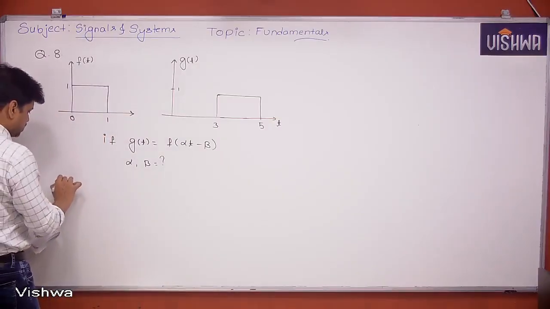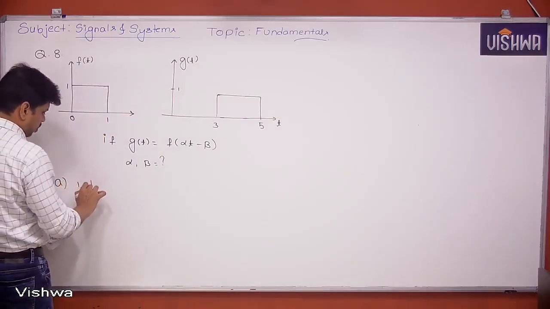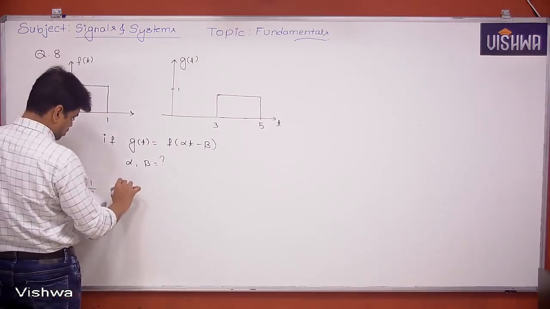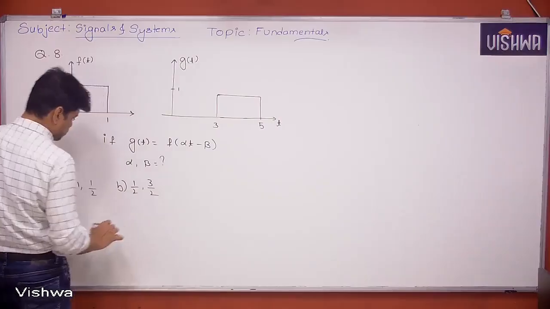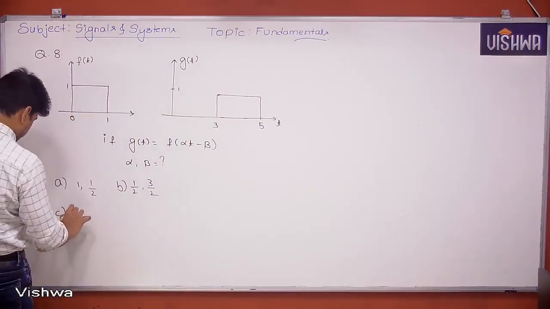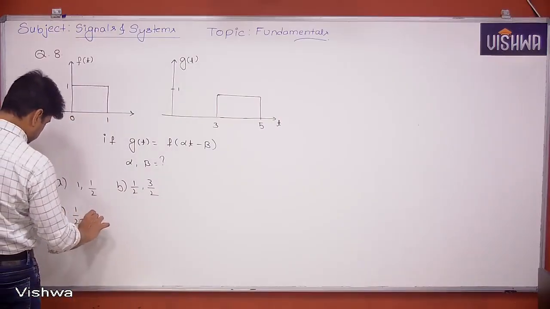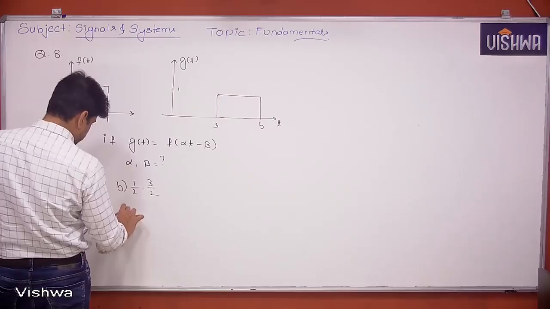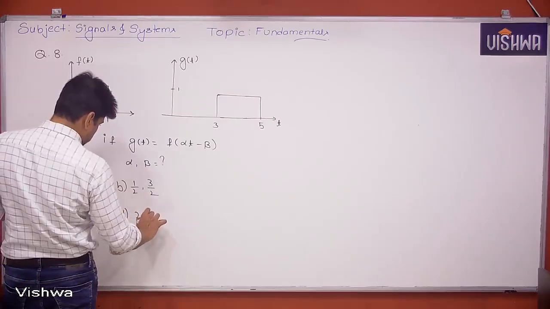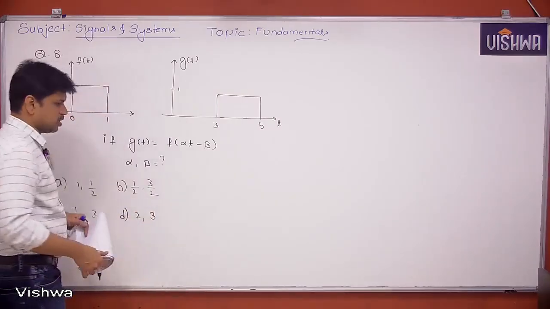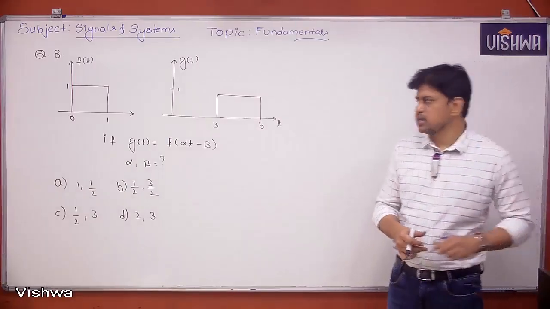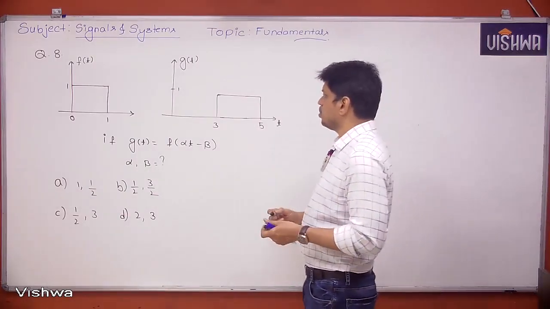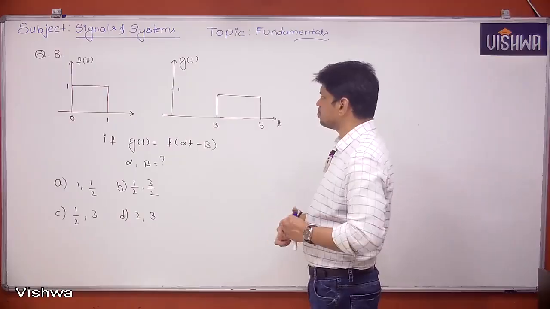Options are given like this: option A 1 by 2, 3 by 2; option B 1 by 2, 3; option C 2, 3 by 2; option D 2, 3. Okay. So then we have to see what the alpha and beta values are. Can you try this?